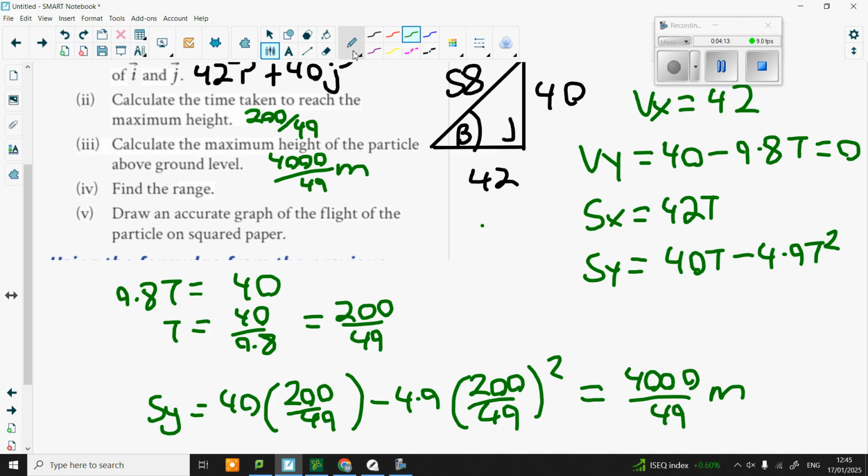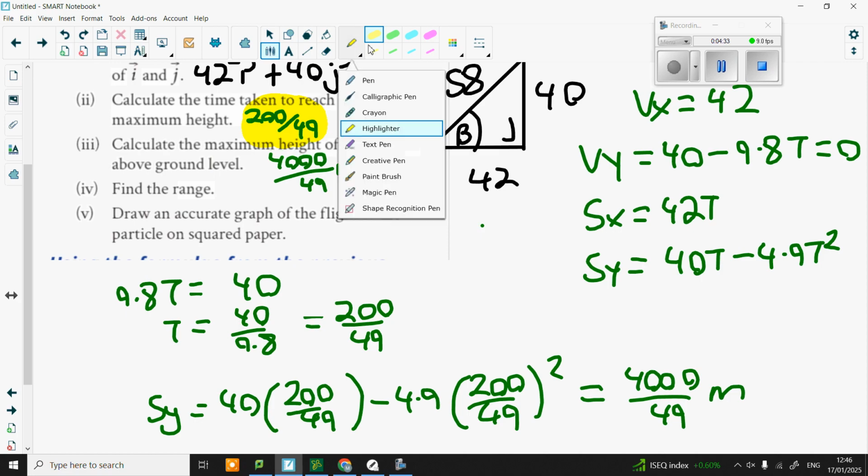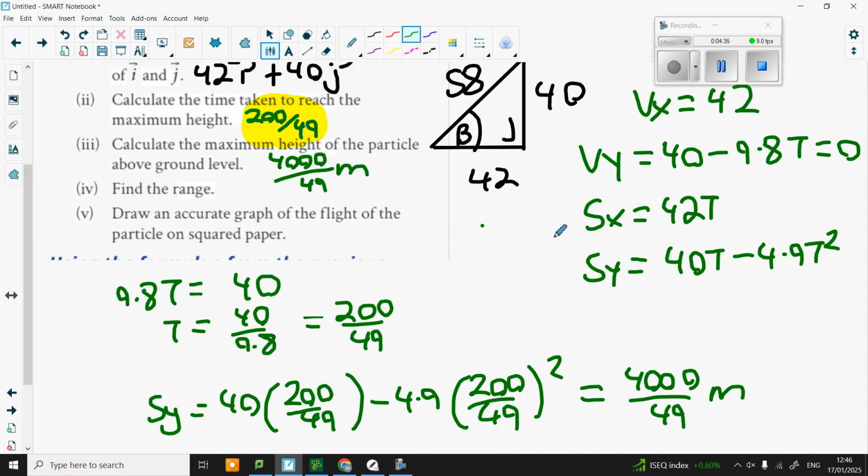Now, for the greatest height, because the throw is symmetrical, the time taken to reach the greatest height is actually the same as the time taken to come back down again. All right? So what can I do to find the total time it takes to land again? Double it. So I'm going to double that. 400 over 49, yeah?